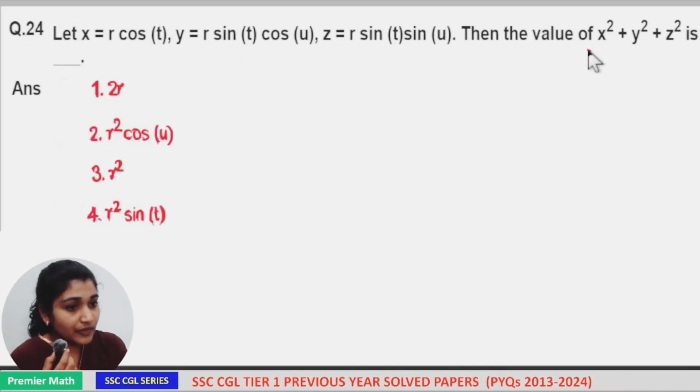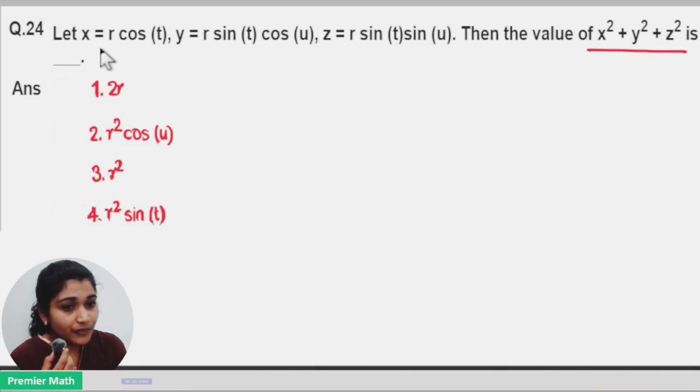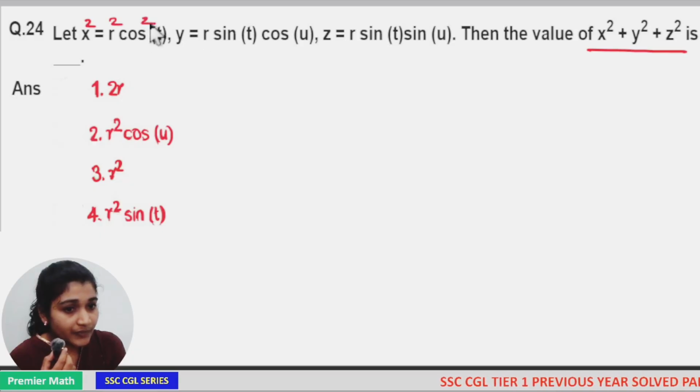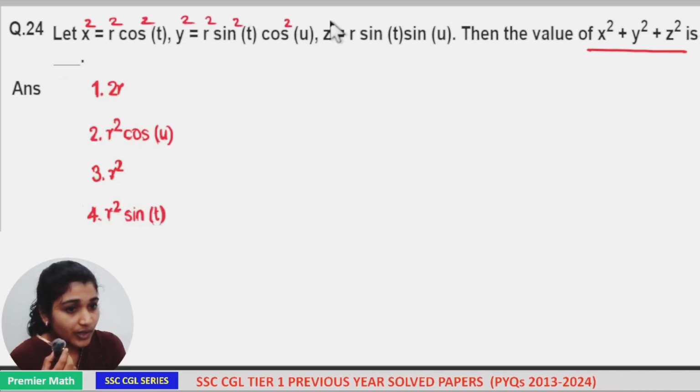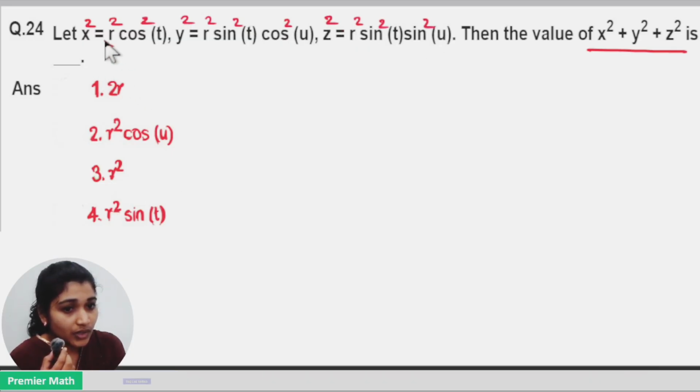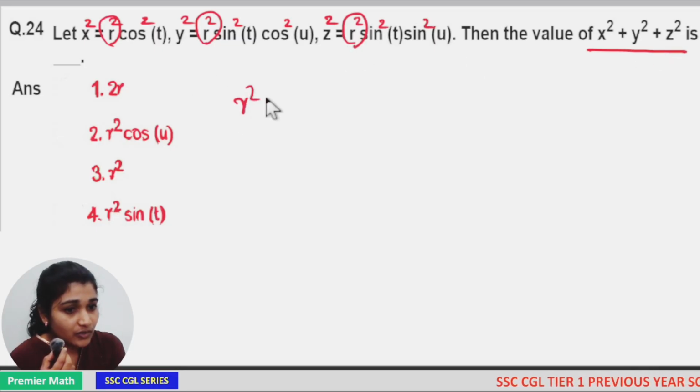Here find the value of x square plus y square plus z square from the given expressions. Take the square of all. x square is equal to r square cos square t, y square is equal to r square sin square t cos square u, and z square is r square sin square t sin square u. Now r square is common in x square plus y square plus z square. Take r square common.